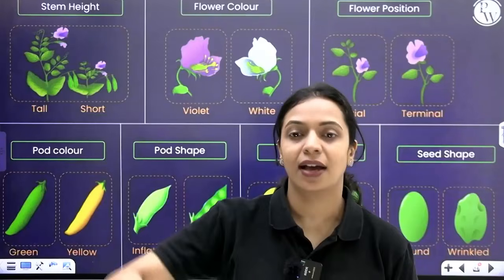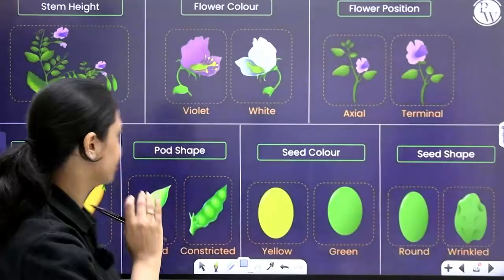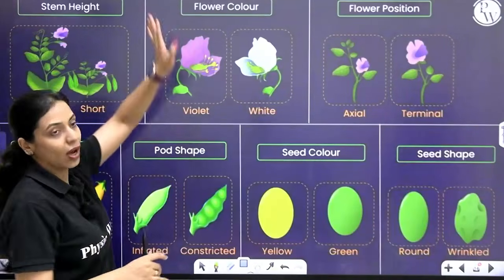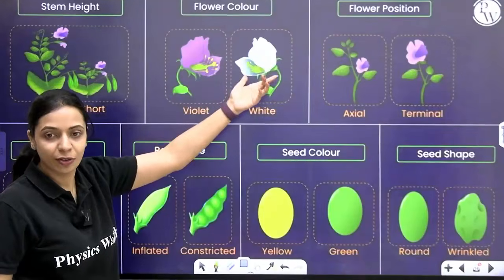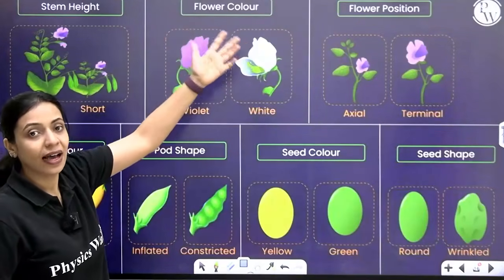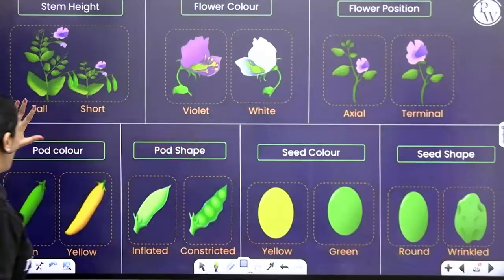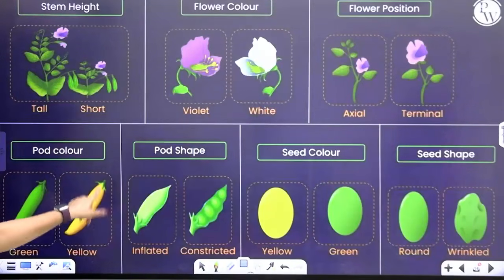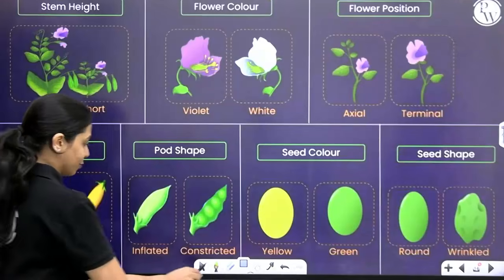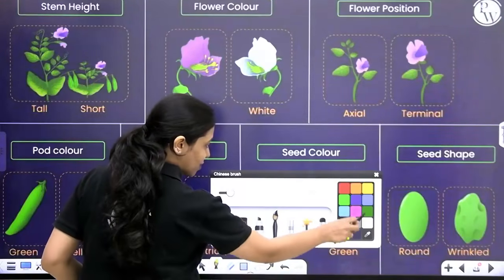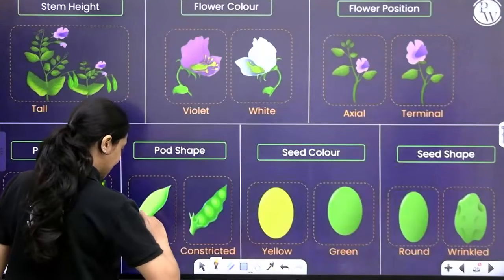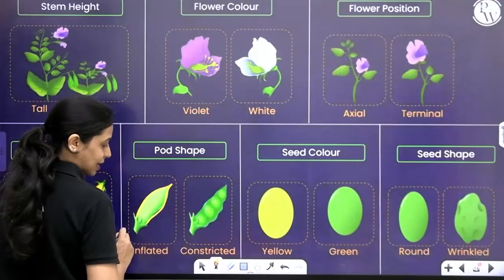The stem height, either it could be tall or it would be dwarf. There is no intermediate height. Flower color, either violet or white. Flower position, either axial or terminal. Pod color, either green or yellow. Pod shape, inflated, which means it is full, like a balloon with air filled inside.